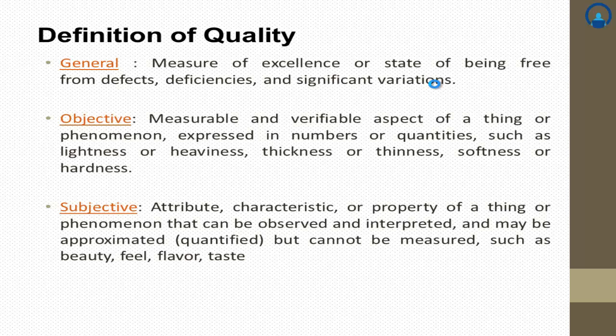So we all have heard this: beauty lies in the eyes of the beholder. So what does that mean? That everyone has a perception of beauty, and what appears beautiful to me may not appear beautiful to you, or vice versa. At the same time, some people feel comfortable in colder environment or cold temperatures, and another person at the same time may not feel comfortable in a colder environment.